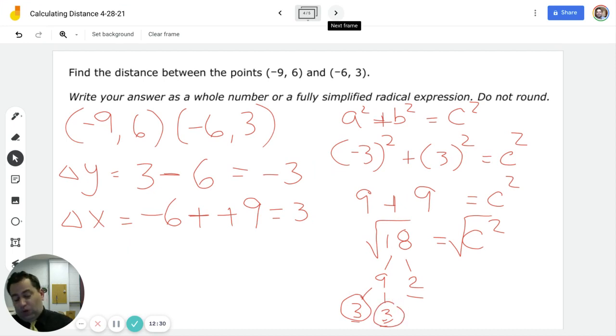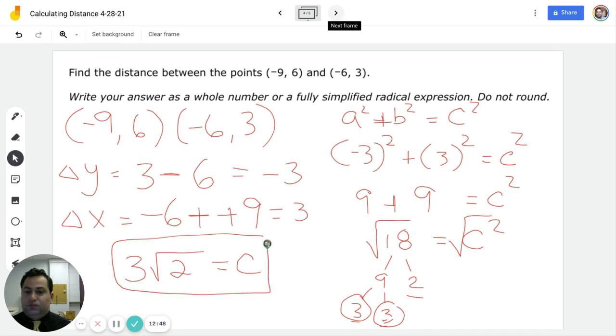So I can take 1 3 out of my radical. The 2 has to stay under the radical because it didn't have a buddy to pair up with. And then the square root of c squared is c. So c is equal to 3 times the square root of 2. That's how you would say that.